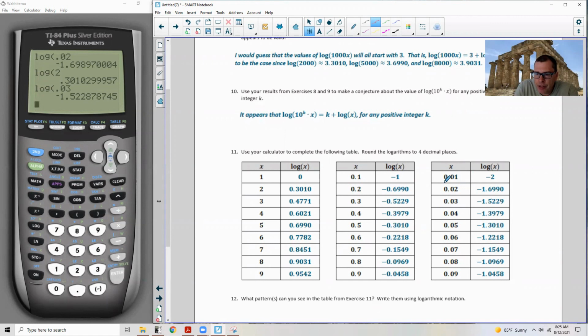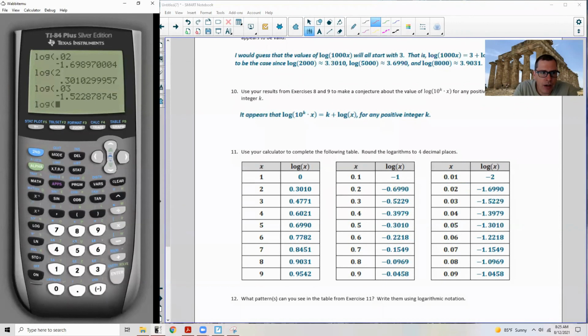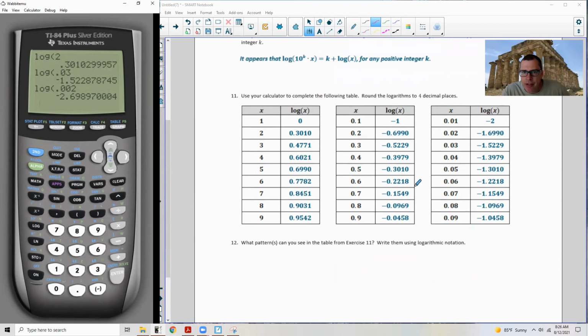So the log of 0.002 should be -2.6990. So let's check that. So the log of 0.002 is -2.6990.